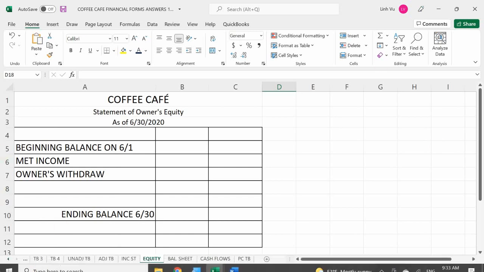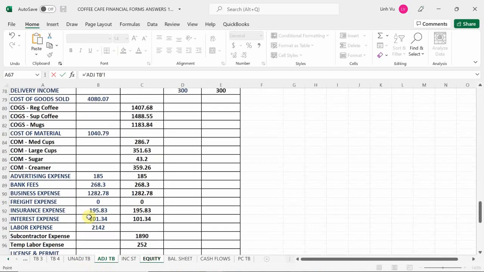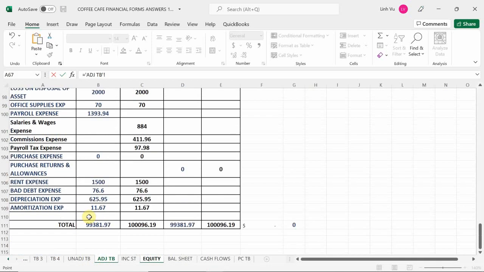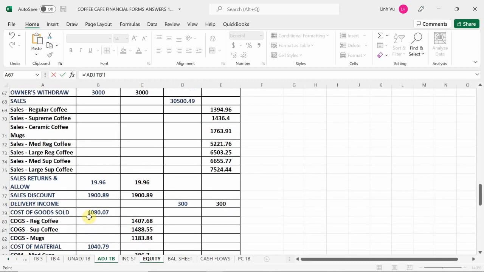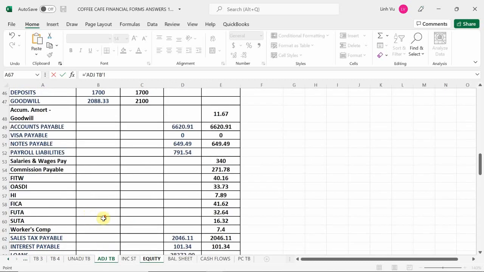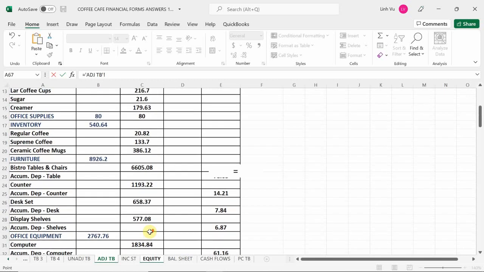So starting from here, equity ending balance as of June 1st. What was my balance? It was 30,000. We deposited the money in the bank, but we had the original investment of $30,000. So locate your equity.